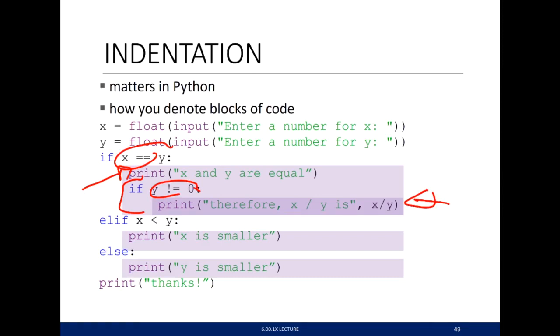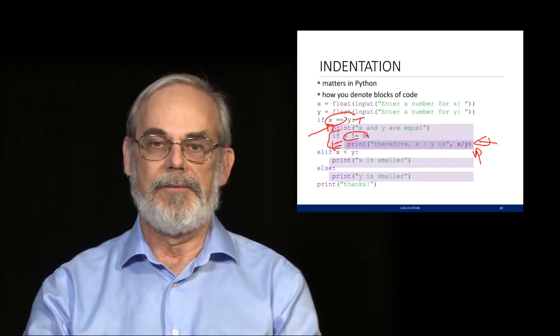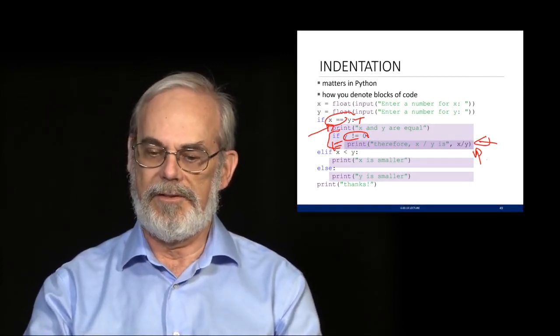But if this is true and this is false, so true here but false here, what happens? Oh, there is no code here, so nothing happens. It simply skips out to the end and jumps past. Again, I invite you to try this to see if it works the way I've described it. What I want you to see is the form of it.